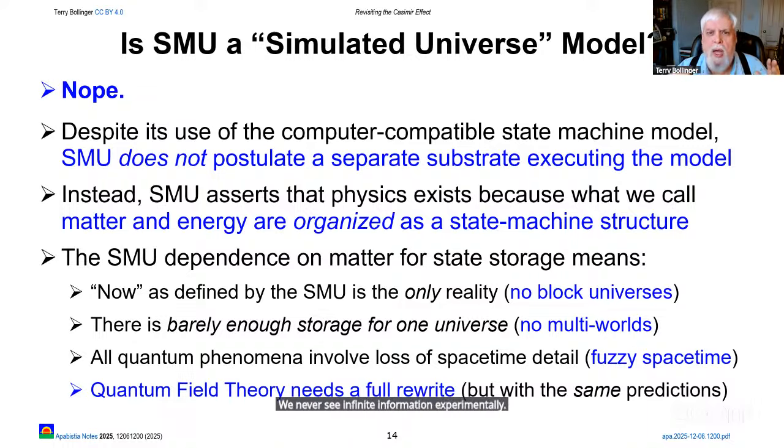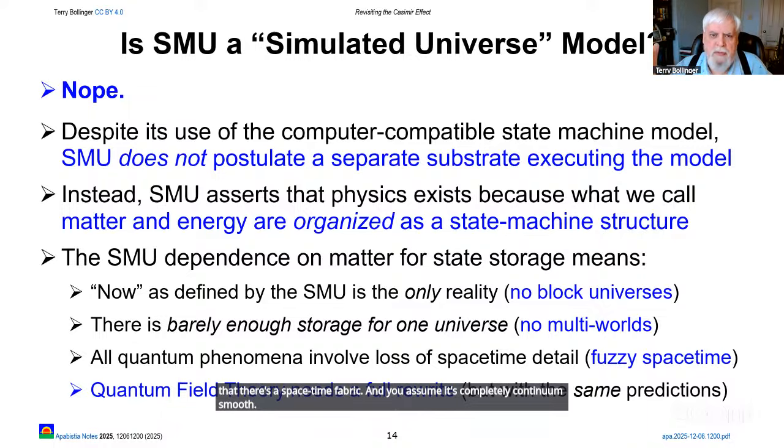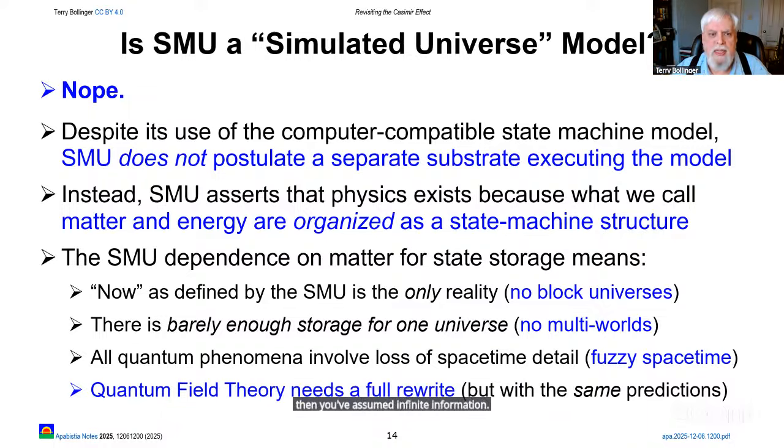We only see quantum uncertainty after you run out of energy. And it's an important feature to keep in mind, because if you assume that there's a space-time fabric and you assume it's completely continuum smooth, then you've assumed infinite information. We don't see that experimentally ever. Quantum always puts a limit on that, and it's trying to tell us something important.